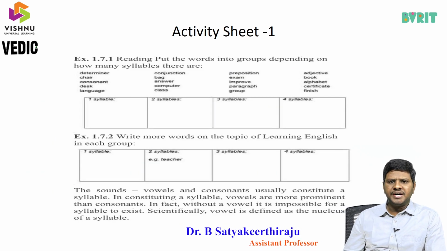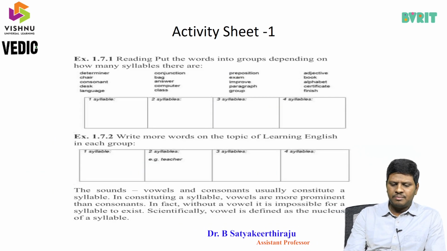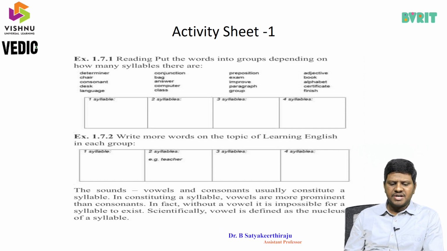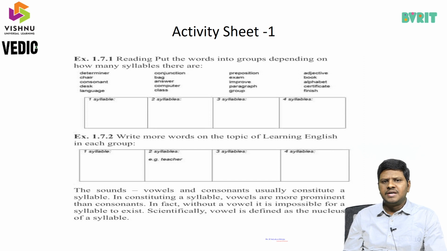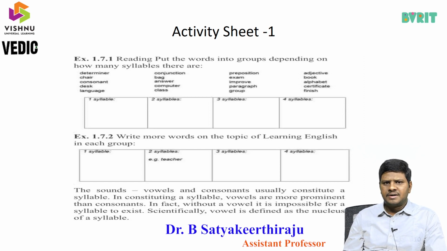An activity sheet, I usually give to my students, like this. In reading, they put the words into groups depending on how many syllables there are. First, I randomly give a list of words which consists of different syllables of words.